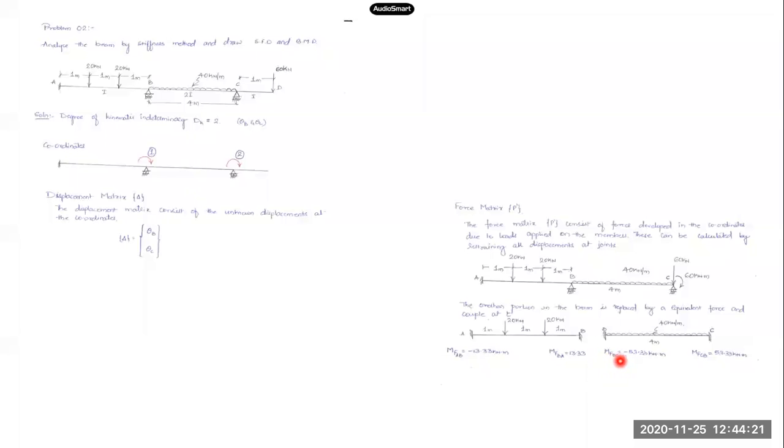P2 dash is nothing but MFCB, which is 53.33 kilonewton meter. So I have one of the force matrices, P dash, consisting of minus 40 and 53.33 kilonewton meter.